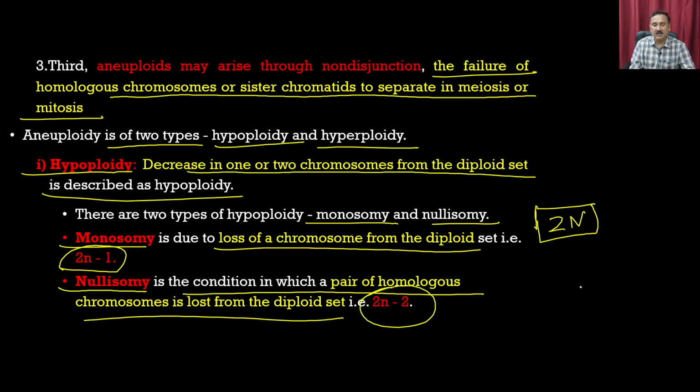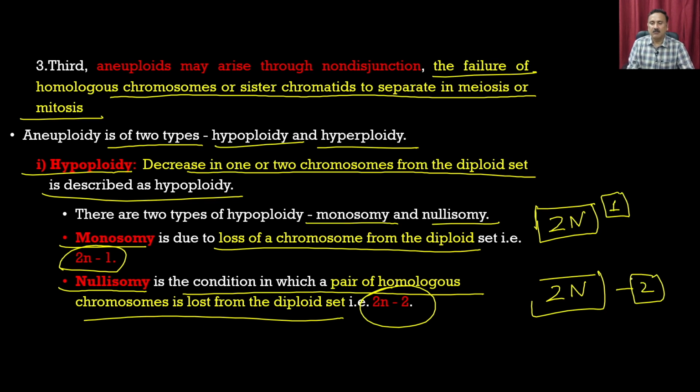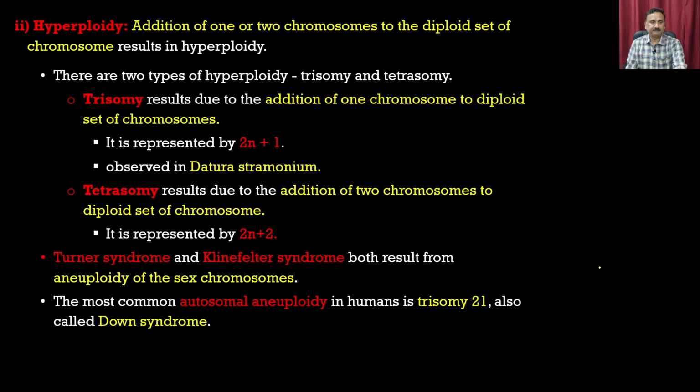So here one chromosome will remain unpaired in monosomy, whereas in nullisomy both chromosomes are removed, so no chromosome remains unpaired.